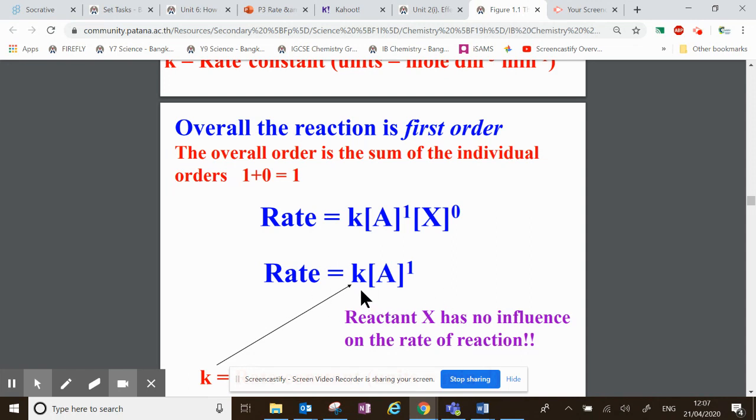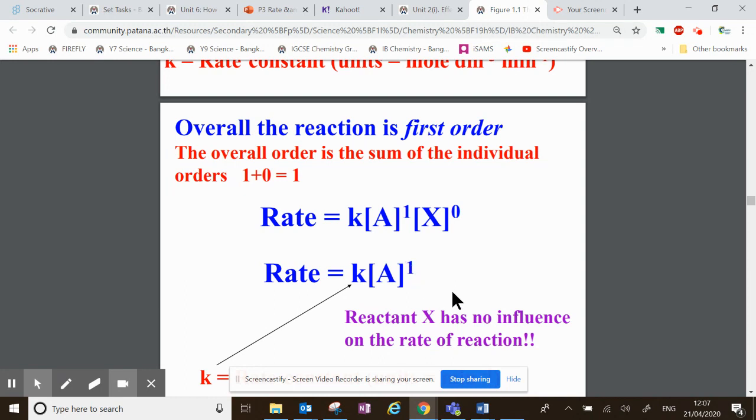Rate is equal to rate constant times concentration of A. And remember, you can even just omit this value 1. You don't even need to write 1 there. If you just write concentration of A, that means first order, which means 1.